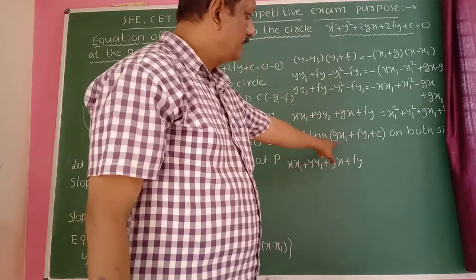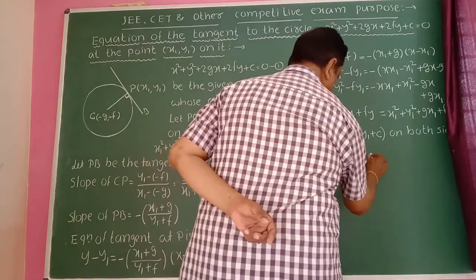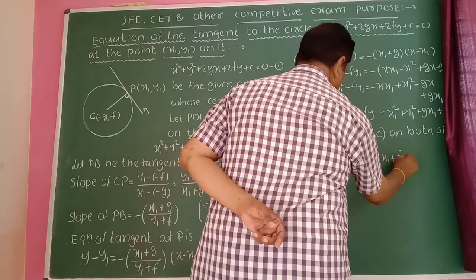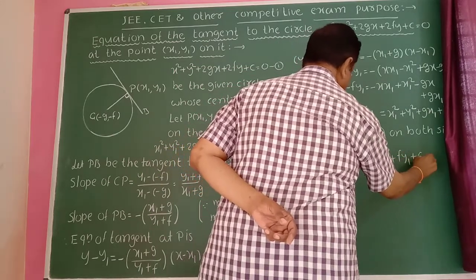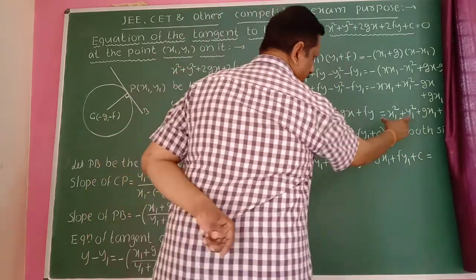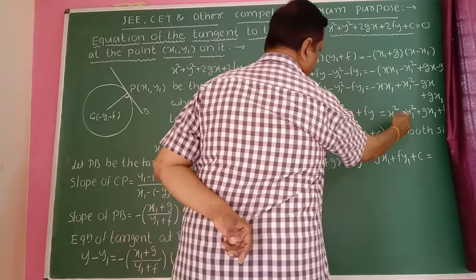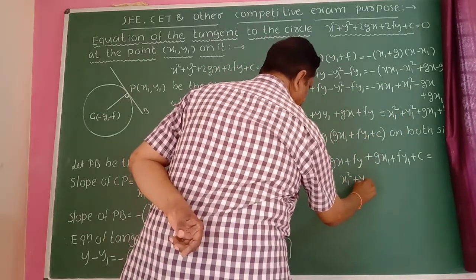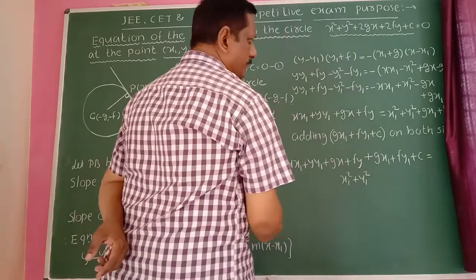Then adding these terms, plus gx1 plus fy1 plus c is equal to, adding the same terms on the right side also, x1 square plus y1 square.